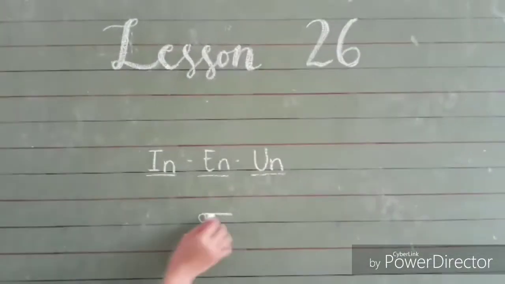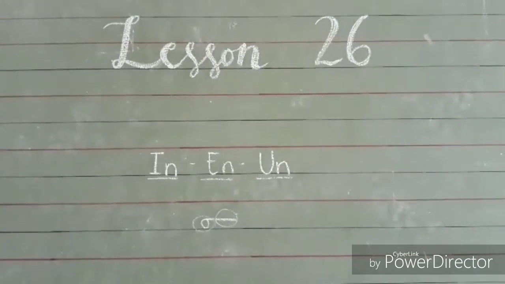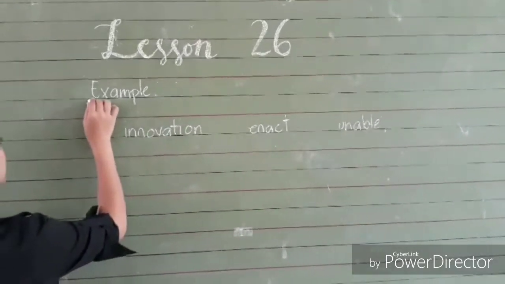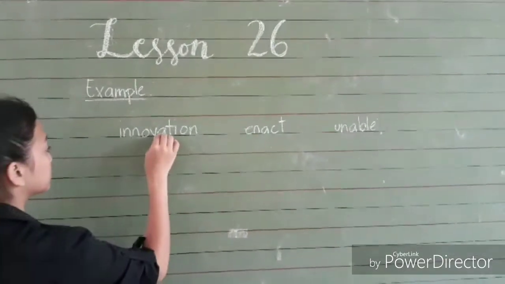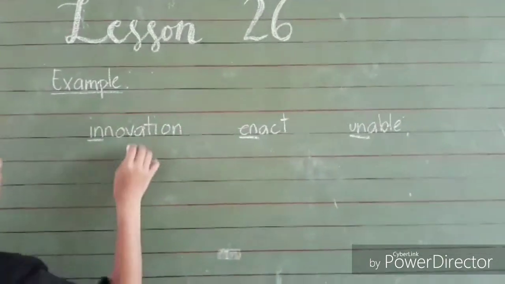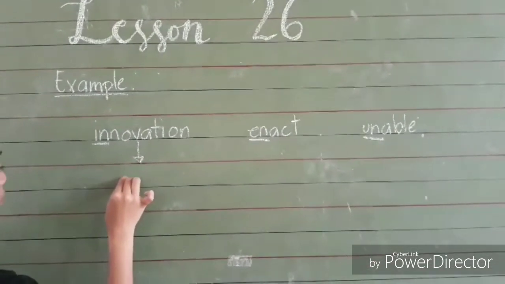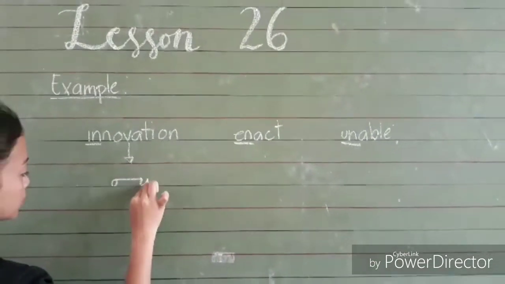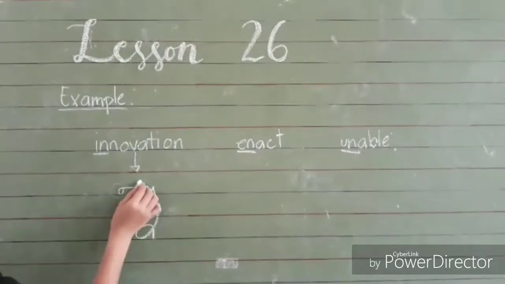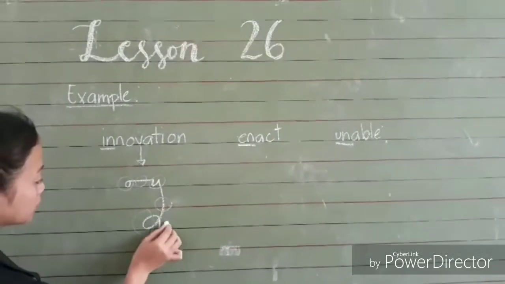It is represented by letter E and N. For example, the word innovation, enact, and unable. Innovation is written in shorthand like this. And it is represented by E, N, O, V, A, and ish.